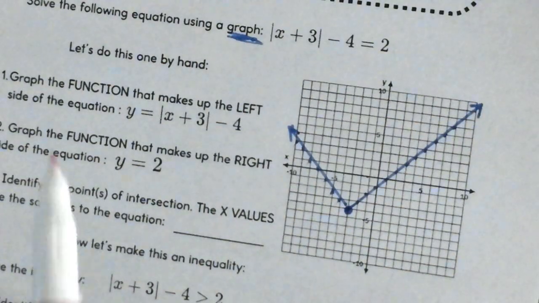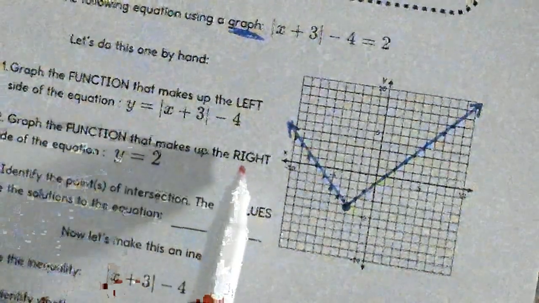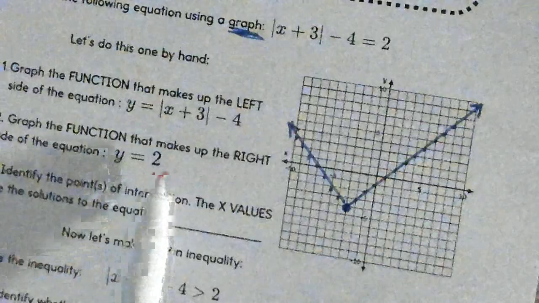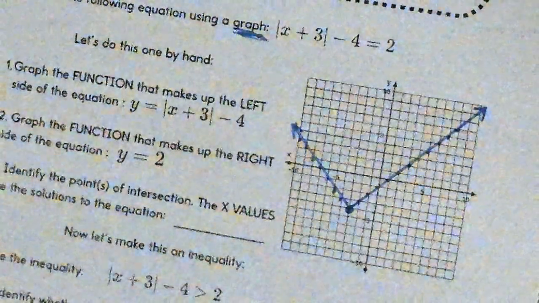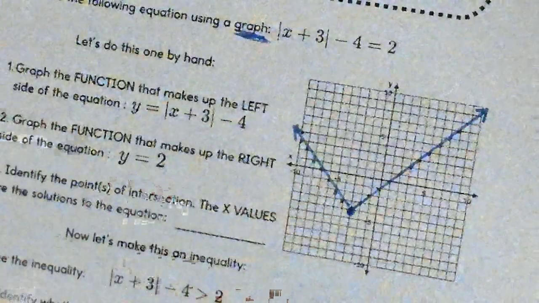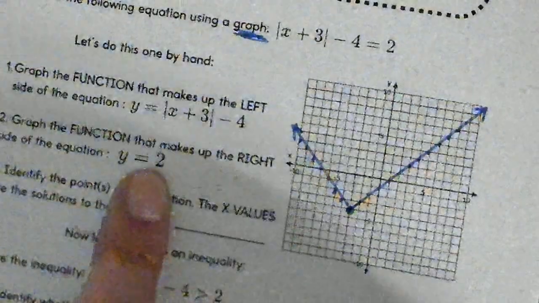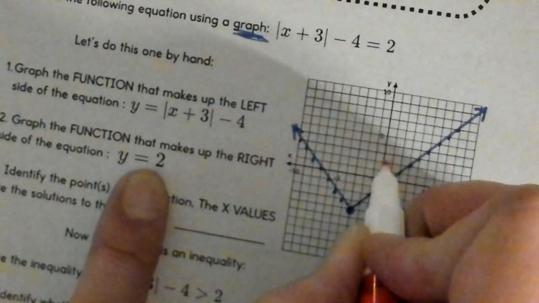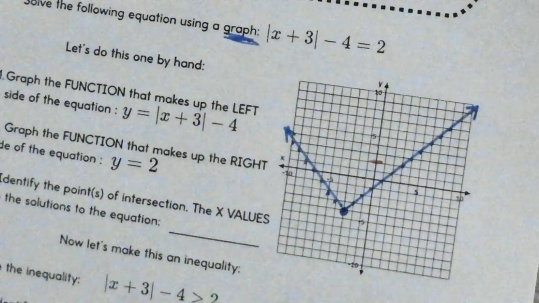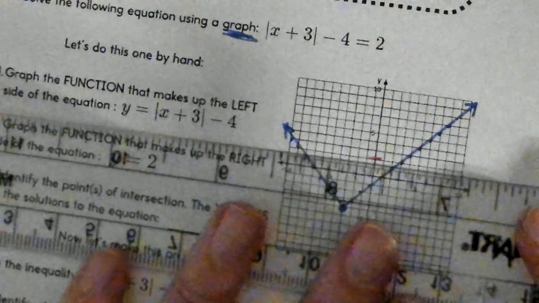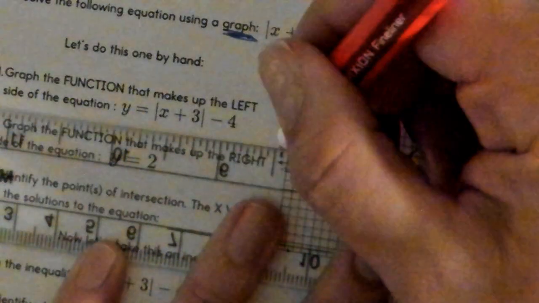All right, then we want to graph the function that makes up the right side of the equation, y equals 2. Okay, so the right side of the equal sign is just 2, so we're going to graph the line y equals 2. That has a y-intercept of 2 and a slope of 0. So it's just this horizontal line with a y-intercept of 2.